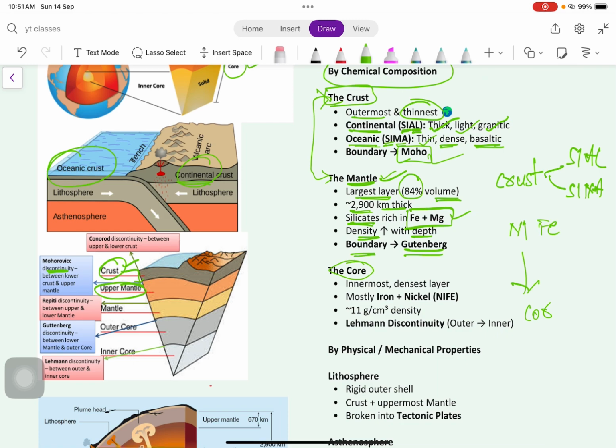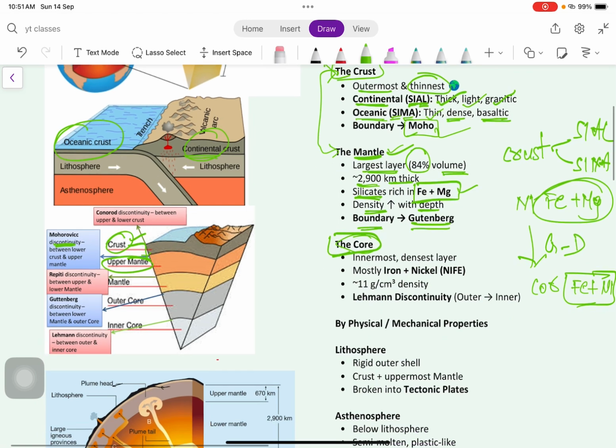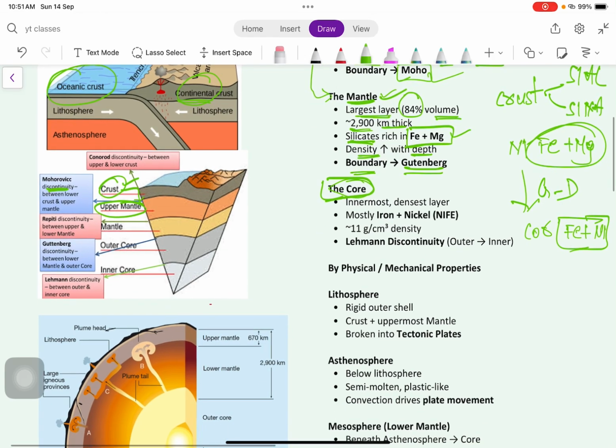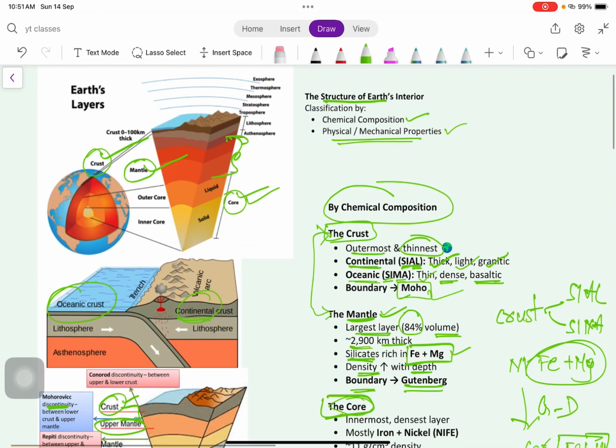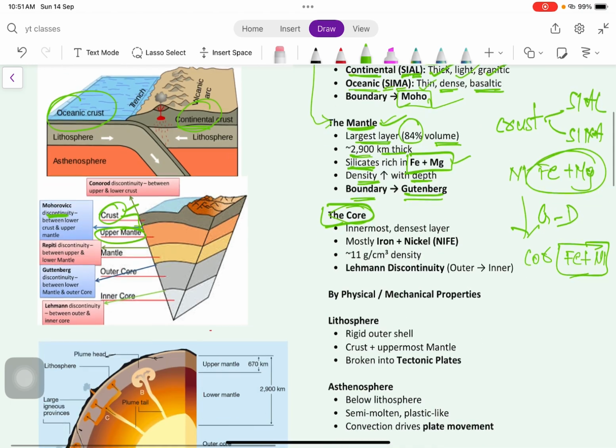Silicates rich in iron and magnesium, right? So what happens in case of the core? It is made up of iron and nickel. So here we can see the chemical composition is changing. From where is it changing? From the Gutenberg discontinuity it is changing the chemical nature. So the Gutenberg discontinuity acts as the boundary between the mantle and the core region, and in the core region we can see the last layer.